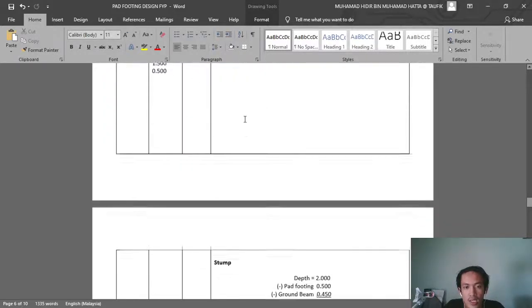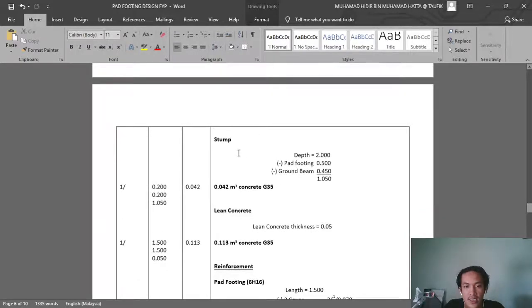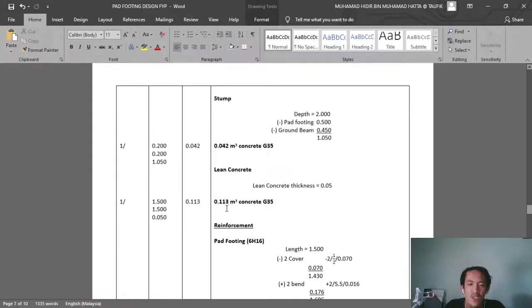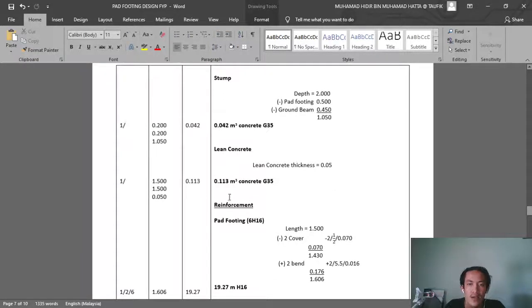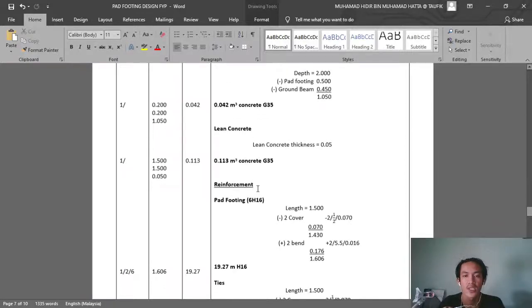We calculate the concrete used for the stump, and we get this value. Then for the lean concrete, for information, we use grade 35 concrete for the pad footing, because we need a higher grade. The pad footing is the bottommost part of the structure, so we need to make sure it can resist all the loads from the top.